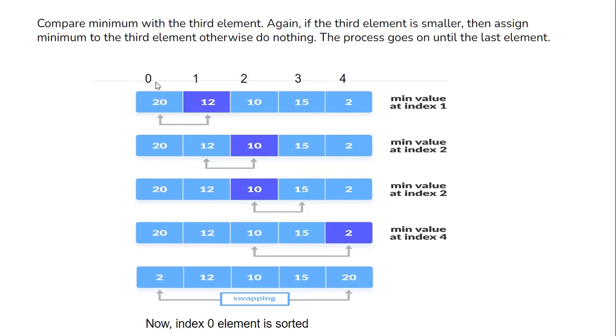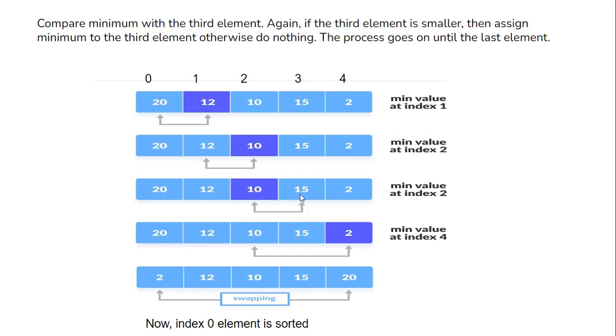Now the minimum element is at index 0, so compare with index 1. Now index 1 has the minimum value. Now compare index 1 and index 2. Now the minimum value is at index 2.